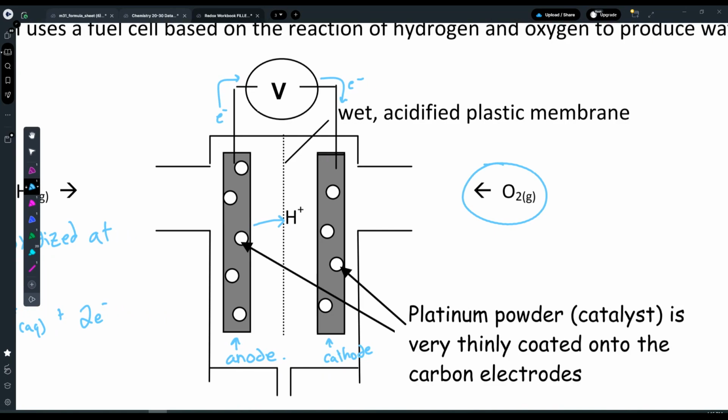Okay, and once these electrons as well as hydrogen ions get to the cathode, another reactant being supplied at the cathode is going to be oxygen gas. And what's going to happen is oxygen gas is going to get reduced in order to produce water vapor.